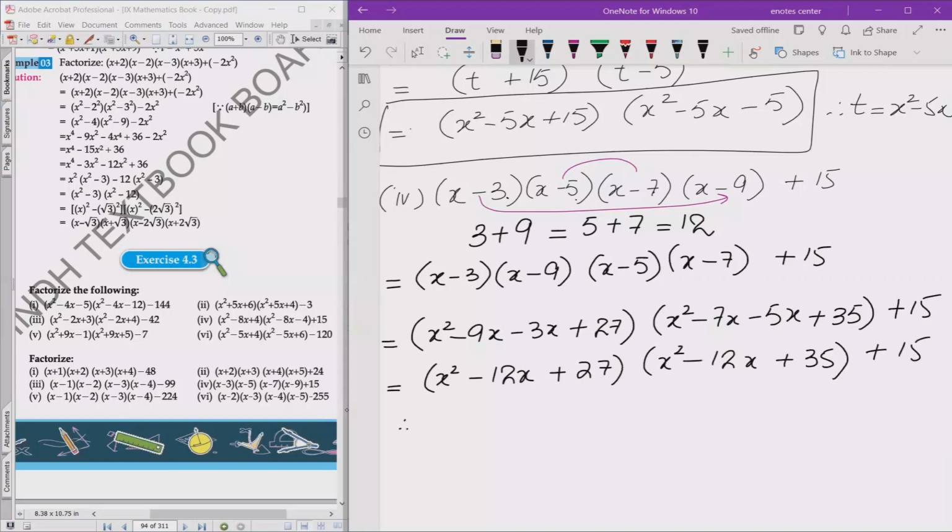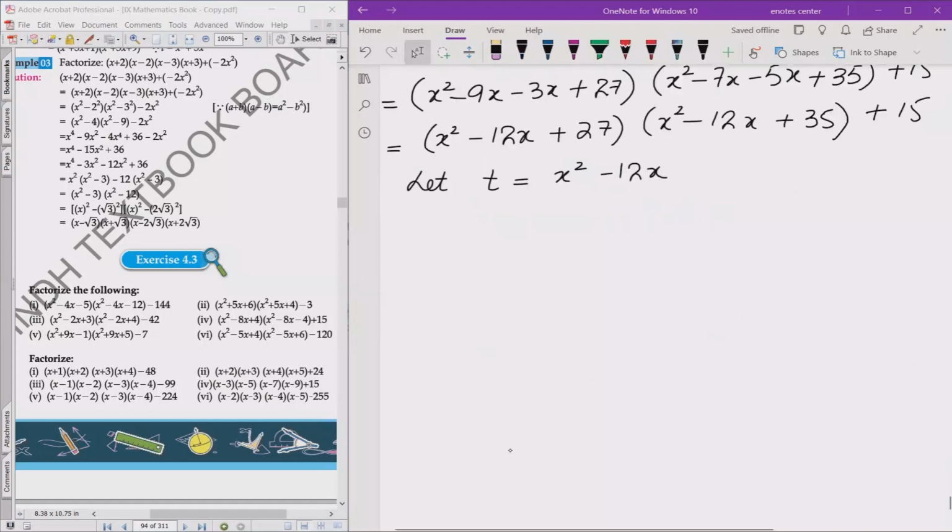Now let's suppose t equals x squared minus 12x, right? So here we have t plus 27 and t plus 35 and plus 15, right?